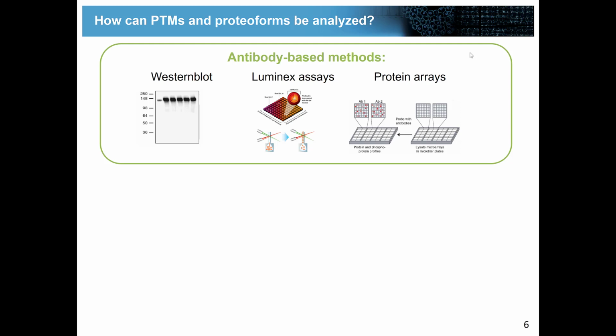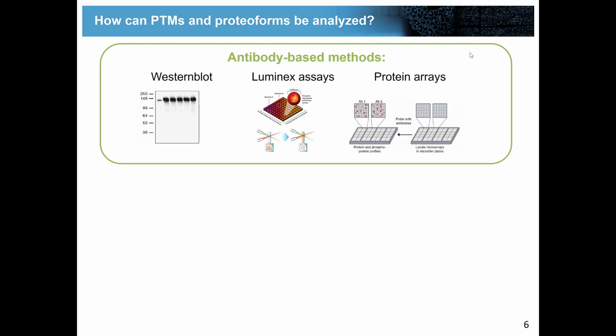The first strategy is to work with PTM-specific antibodies, and to then do Western blots or Luminex assays or protein arrays to study these PTMs. There are antibodies that are specific towards a general PTM, for example antibodies to enrich for acylated lysines, but then there are also antibodies available that are specific for a certain PTM sitting on a specific peptide or a specific protein.